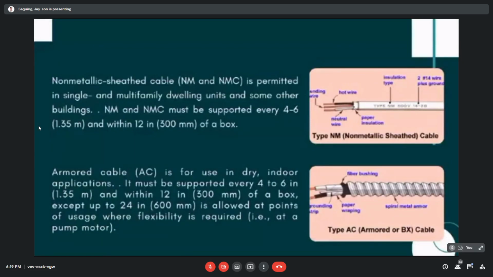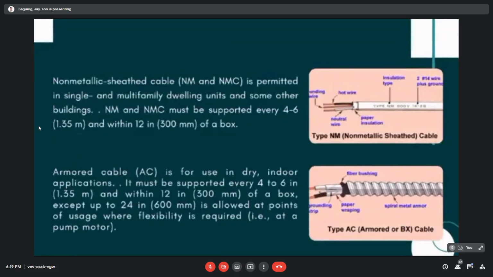So it must be supported every 4 to 6 inch or 1.35 meters and within 12 inch or 300 millimeters of a box, except up to 24 inches or 600 millimeters is allowed at points of usage where flexibility is required. AC cannot be embedded in masonry, concrete, or plaster.